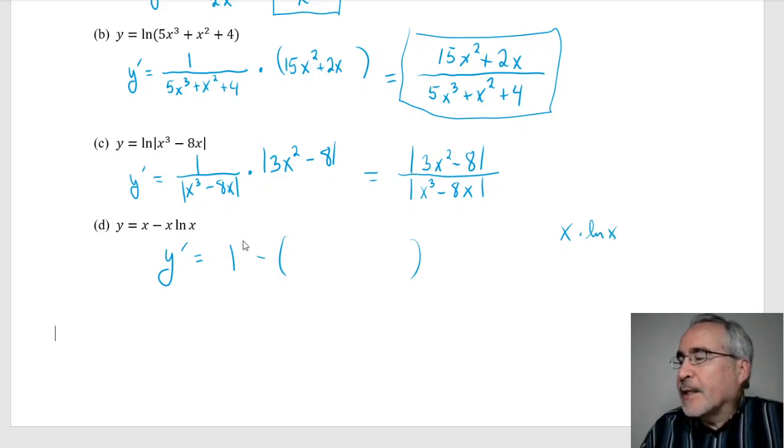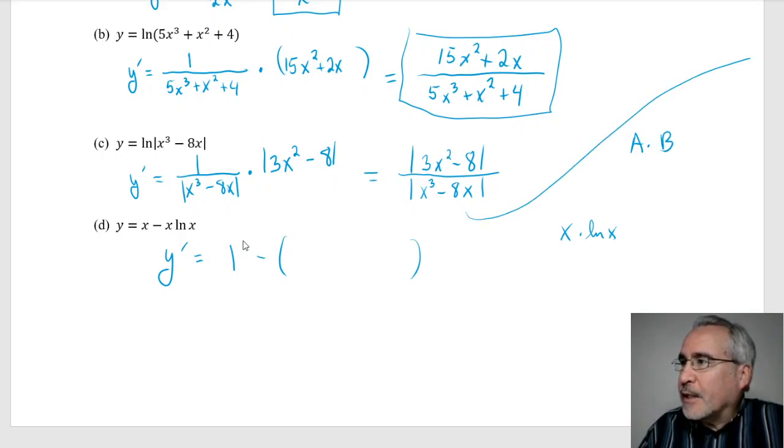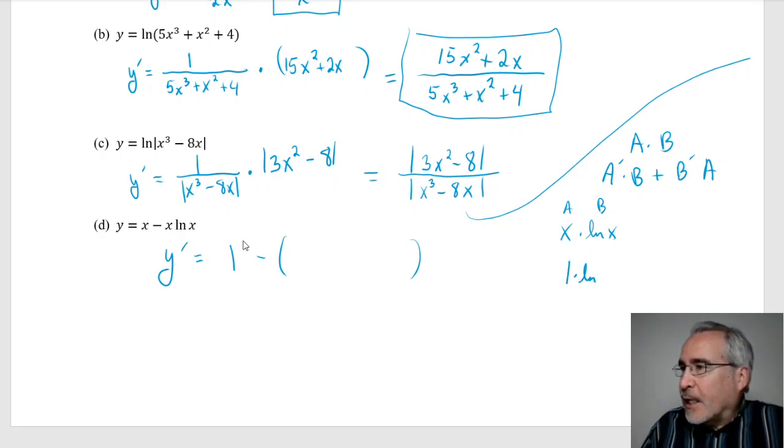Remember when we did the product rule, when you have two things multiplied, say a times b, you get the derivative of a times b with nothing done to it plus the derivative of b with a having nothing done to it. In this case, first one's a, this could be b. So we take the derivative of a, which is x, derivative of x is 1 times natural log of x.